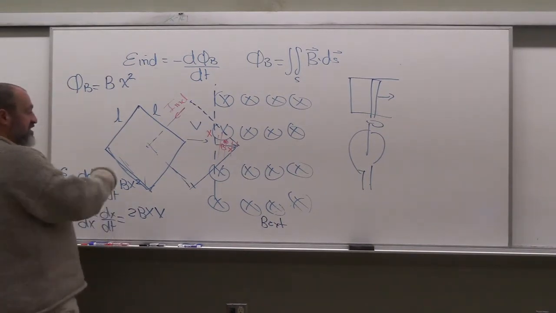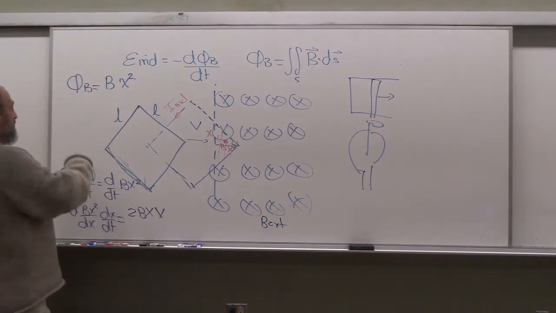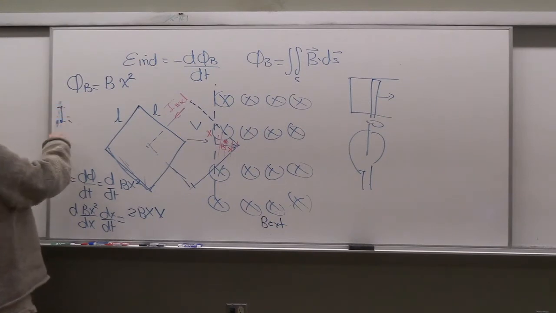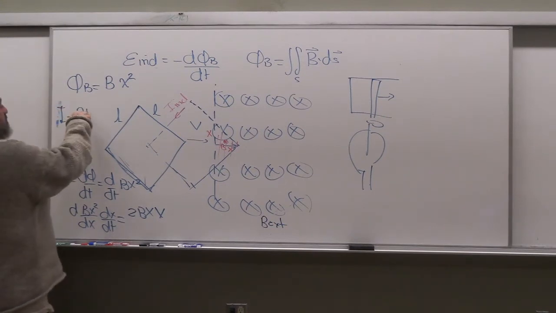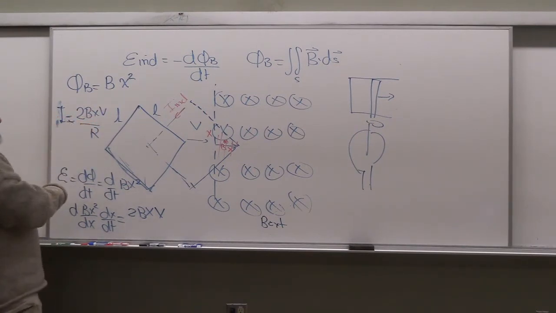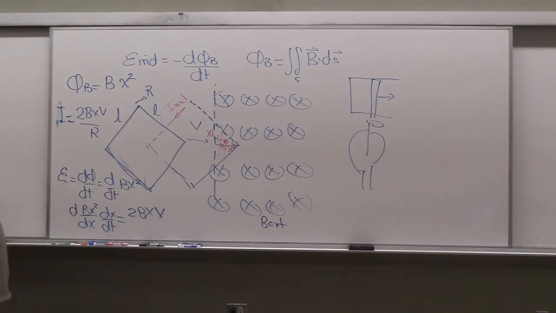If you want the current, let's say the loop has resistance R. Then the induced current is I equals 2Bxv over R.